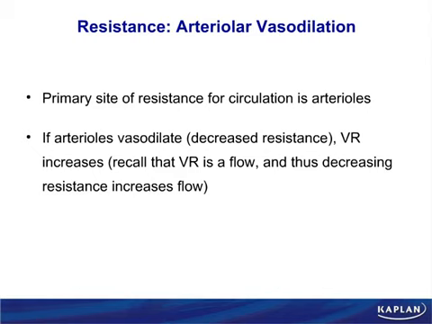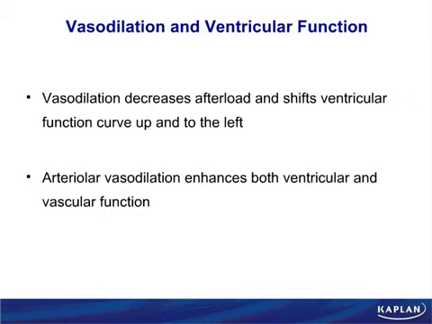Remember, venous return is the flow, so if resistance falls, flow goes up. We've discussed that previously. Vasodilation also decreases afterload. Remember, if I dilate arterioles, that means reduced TPR, that decreases afterload and shifts the ventricular function curve up and to the left.